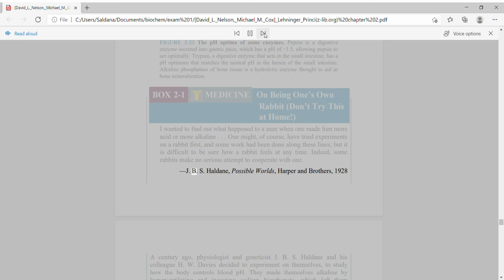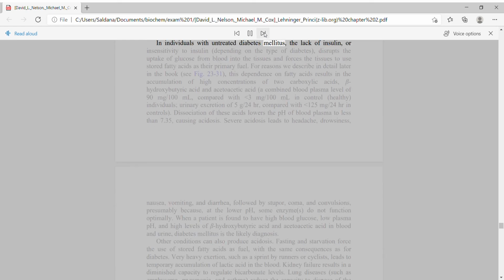In individuals with untreated diabetes mellitus, the lack of insulin, or insensitivity to insulin, depending on the type of diabetes, disrupts the uptake of glucose from blood into the tissues and forces the tissues to use stored fatty acids as their primary fuel.